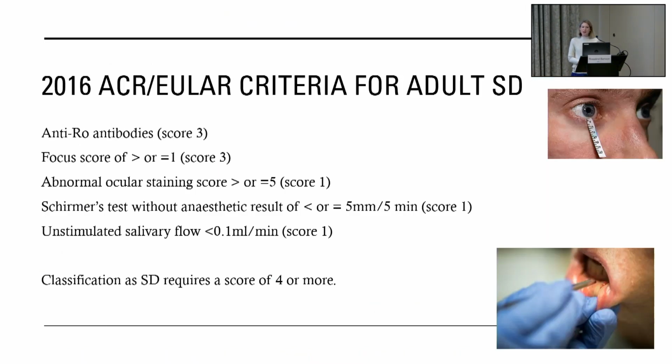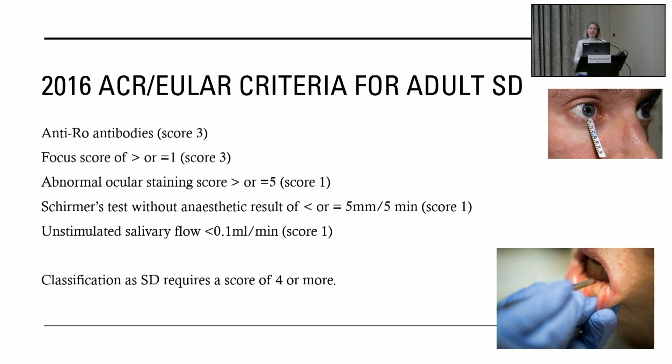In terms of diagnosing it, anti-Ro antibodies give you a score of 3. A focus score, which you get from doing a lip biopsy, also gives you a score of 3. Then we can go on to do other tests, such as a Schirmer's test, which is in the top picture there, where you look at the production of tears. And then we can do salivary flow testing.